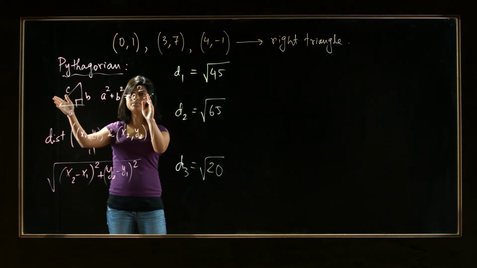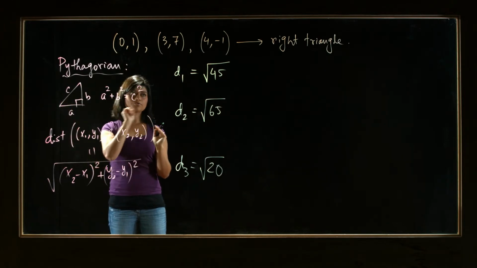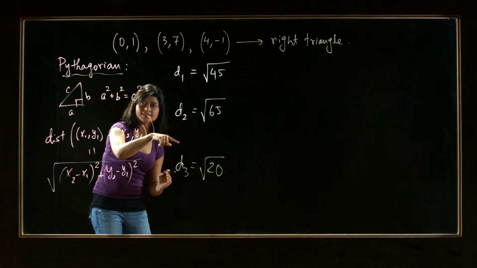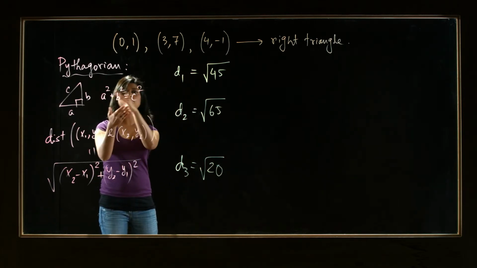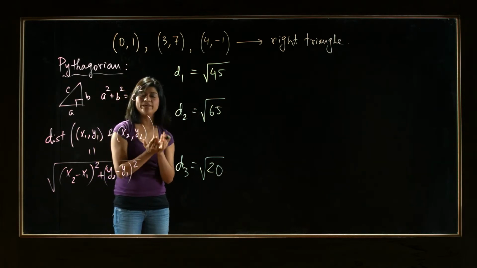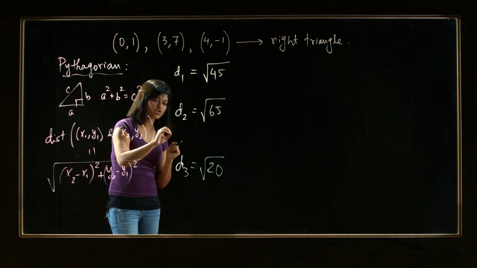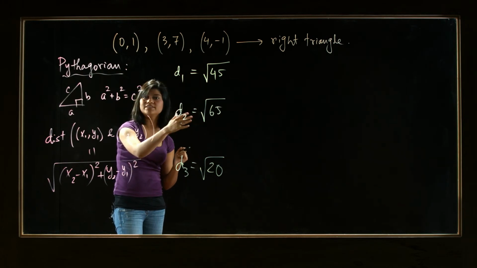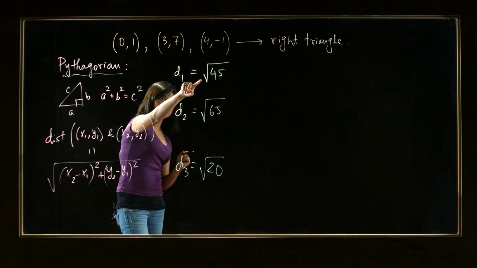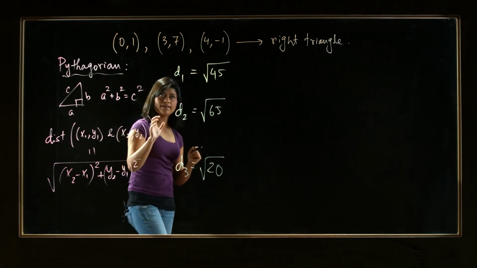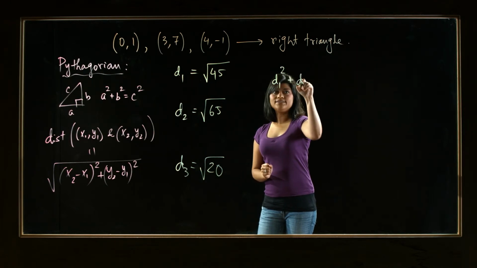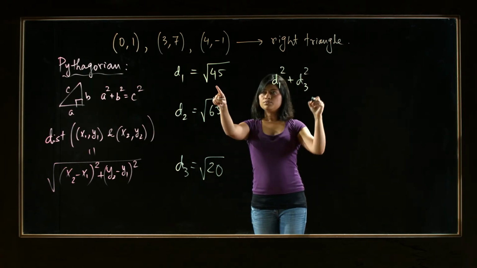We use the Pythagorean theorem, where we square 2 of these distances and add them, to see if we get the square of the third one. The best way is to look for the smallest 2 numbers out of these 3, and they are D3 and D1. Let's square and add them. What is D1 squared plus D3 squared?